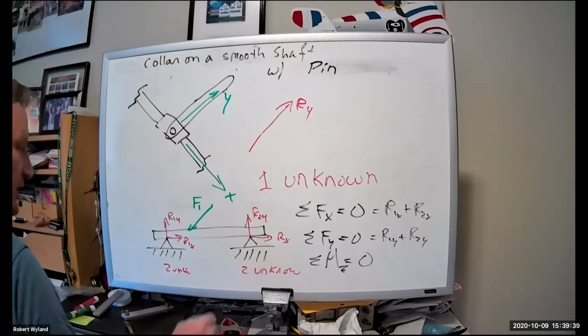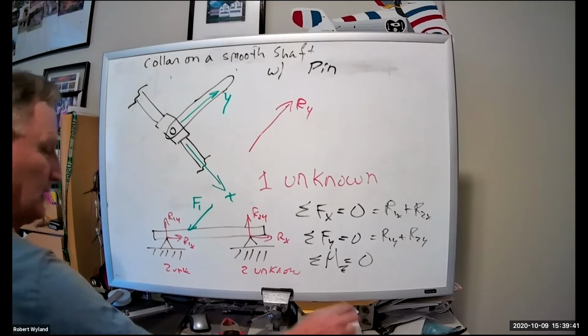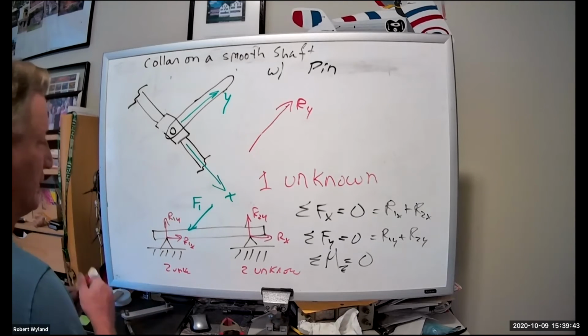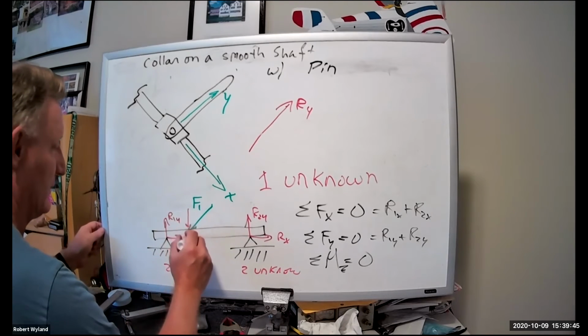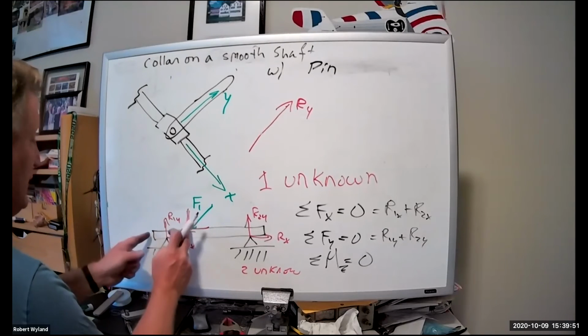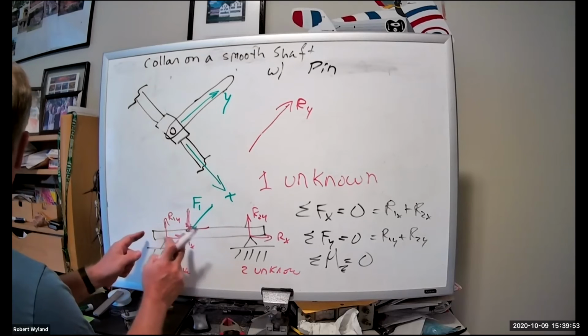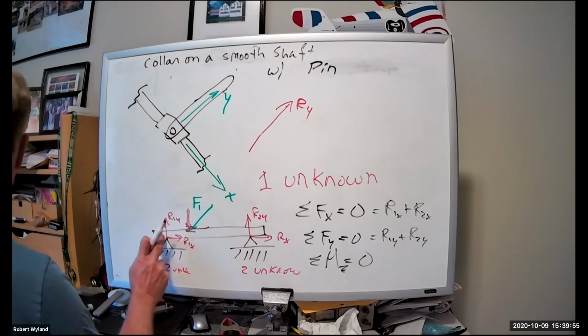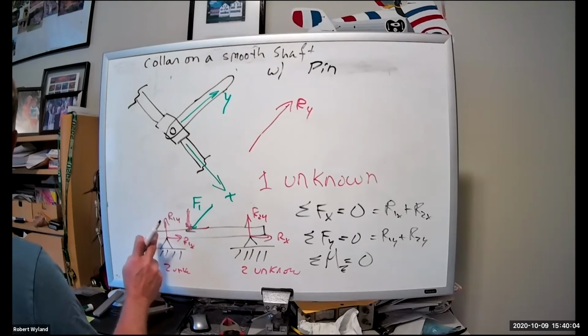If we looked at the components here, you said that we had components of F, like this. And you're right, right here we have a force and a lever arm, and we are creating moments, but it does not translate to the support. That support cannot resist that moment. We have to find some other way to resist that moment.